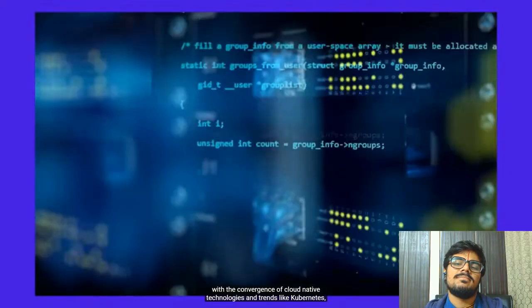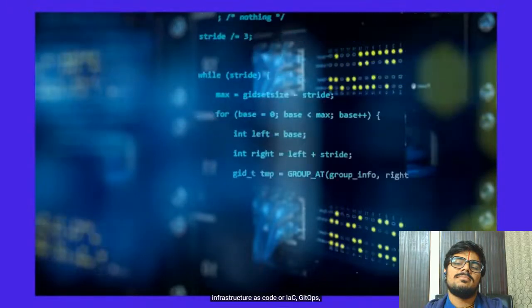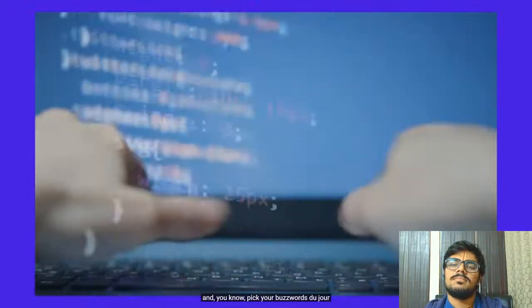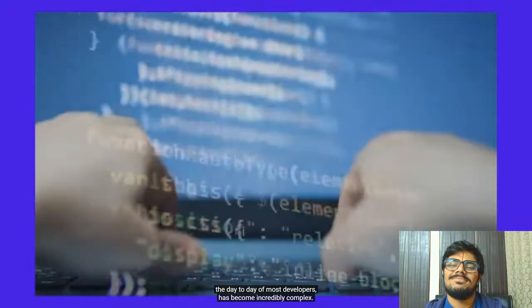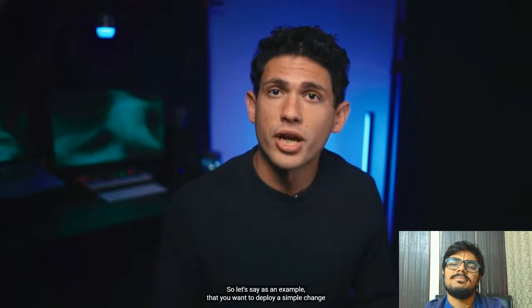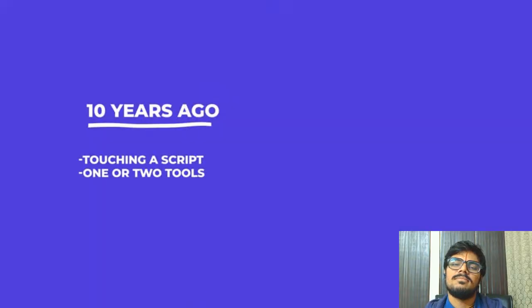With the convergence of cloud-native technologies and trends like Kubernetes, infrastructure as code or IaC, GitOps, and pick your buzzwords du jour, the day-to-day of most developers has become incredibly complex. So let's say as an example that you want to deploy a simple change to your application and test it in a preview environment. Well, 10, 15 years ago, that would have probably meant touching a script and one or two tools.